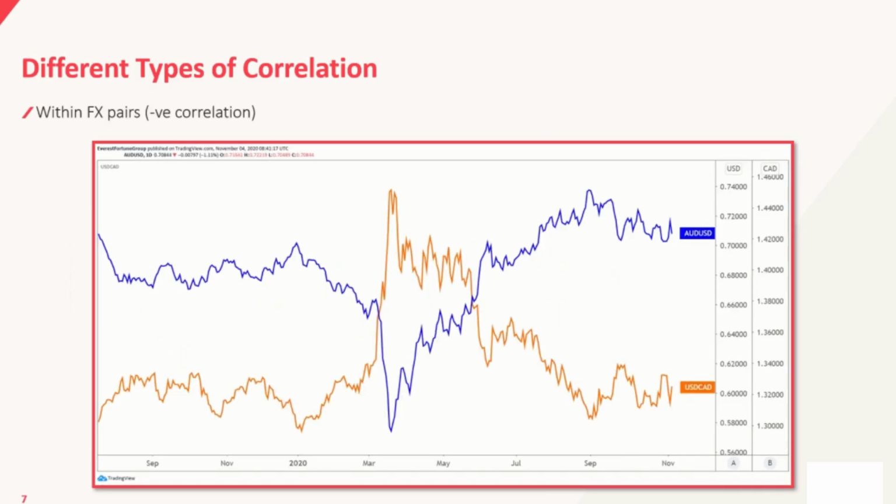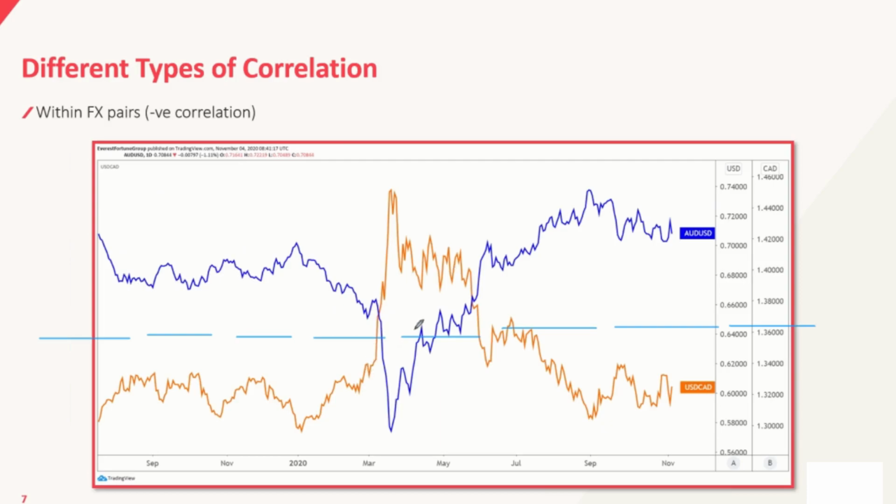Okay, so the next example is one of negative correlation. I have over here the dollar CAD against the Aussie dollar. If you were to look at the graphs in close, again in line chart, you can tell that they are sort of a mirror image of the other. You can actually draw a line across somewhere in the middle, and you can see that they are pretty symmetrical.